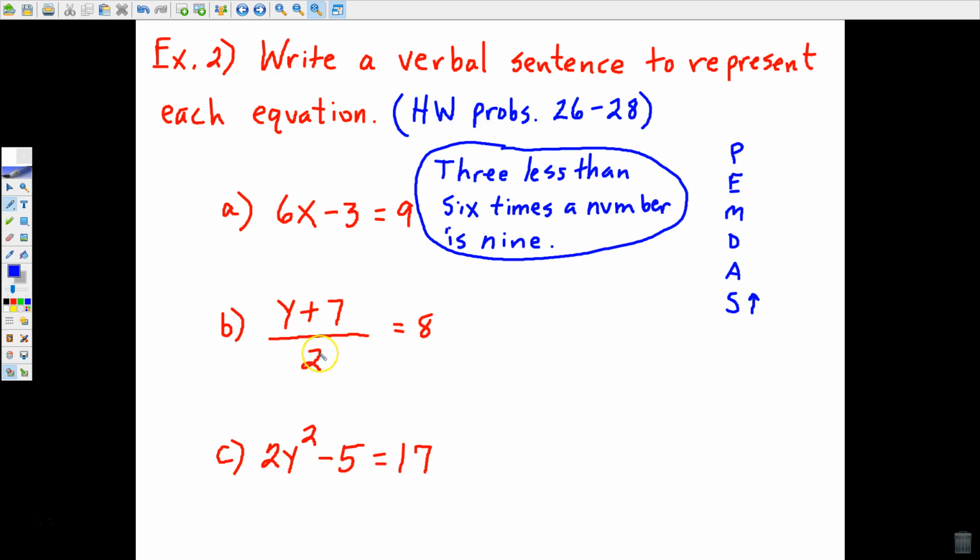But here's something that's a little tricky, and I'm going to point this out again in some examples that we're going to do in just a little bit, because this does tend to confuse some people when we use this process of reverse PEMDAS. Here's the issue. When I divide 2 into this numerator, y plus 7, not only must I divide 2 into y, I also have to divide 2 into 7.